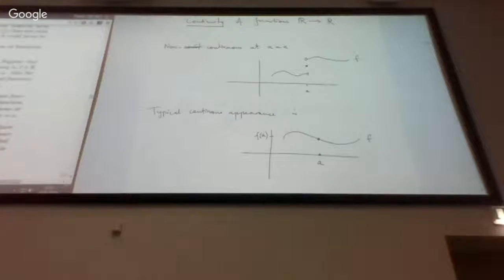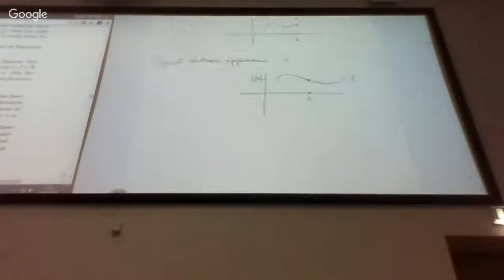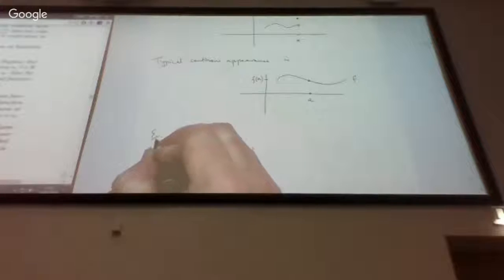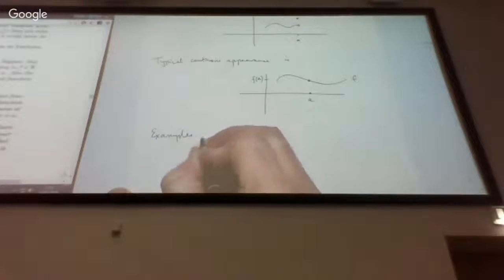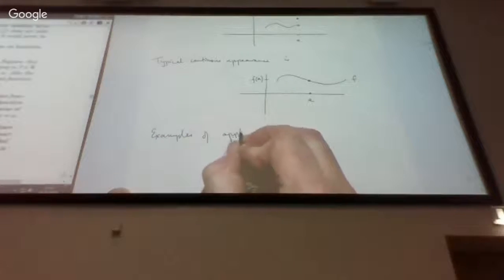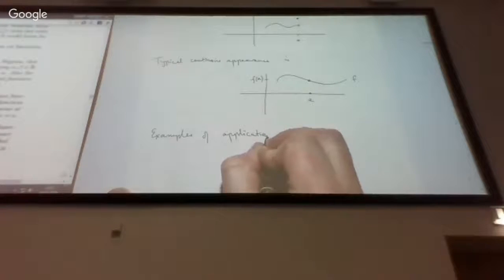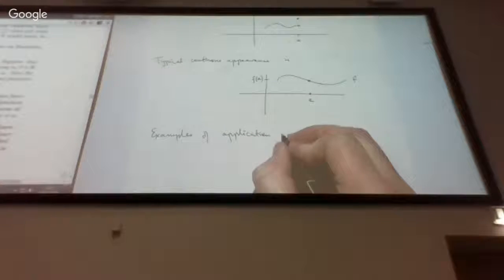Now that means slightly different things in each case for each operation, but we're going to prove it now for some of the first operations. We're going to look at the sums operation and maybe the products one just now. And these are examples of the application of the formal definition of continuity.